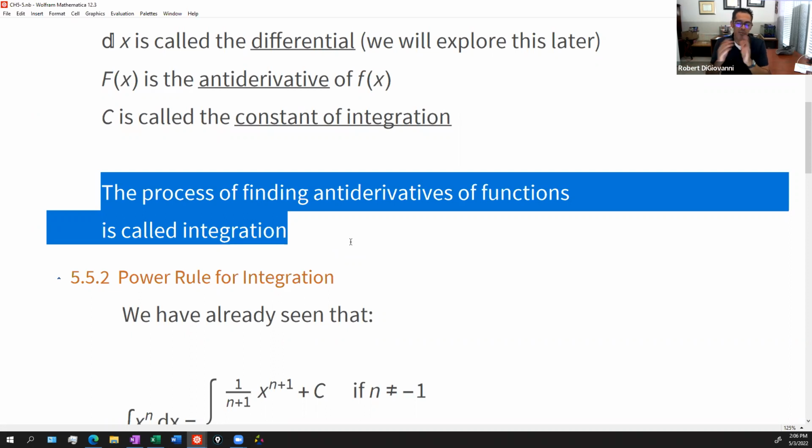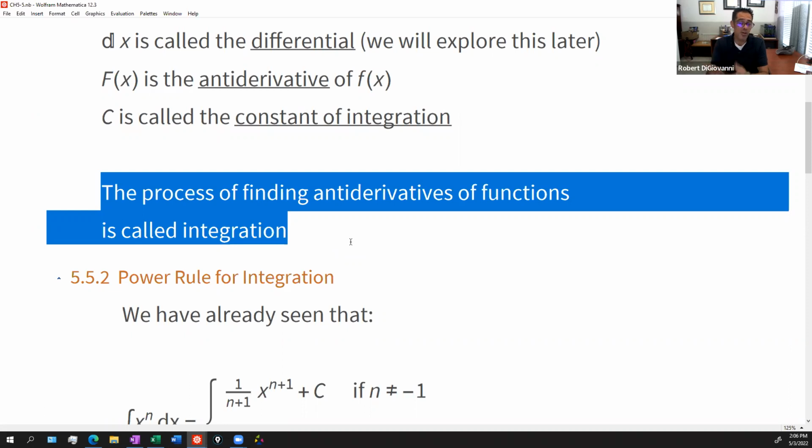What I just said is really important. In Cal 2, you're going to be doing everything you did in Cal 1 backwards. So if you don't know how to go forward very well, going backwards is going to be nearly impossible. If you struggle with product rule, chain rule, any of those, they will haunt you in Cal 2, to the point where you have to take Cal 2 three times because you never understood Cal 1 well enough.